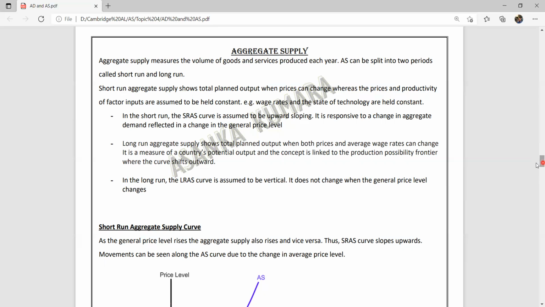In the short run, of course, production exists by using available resources. But in the long run, the economy has reached its full capacity. All the resources are fully used.